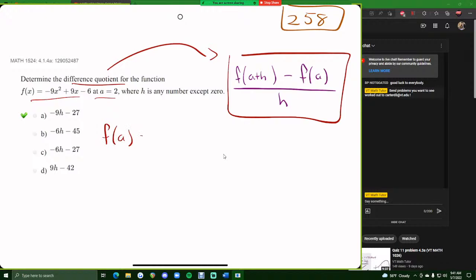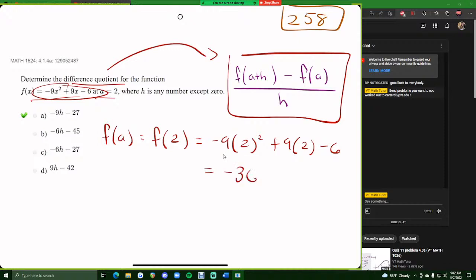Generally, I start off with finding f of a. If they tell us a equals 2, then finding f of a is just finding f of 2. To find f of 2 when you're given a function f means just to plug in the value 2 wherever you see x. And so if we calculate this real quick, we'll get negative 9 times 4, so negative 36, plus 9 times 2, which is 18, minus 6.